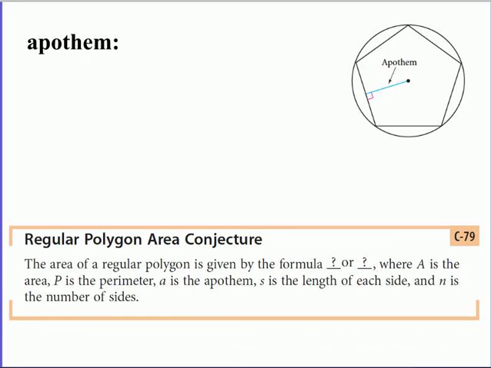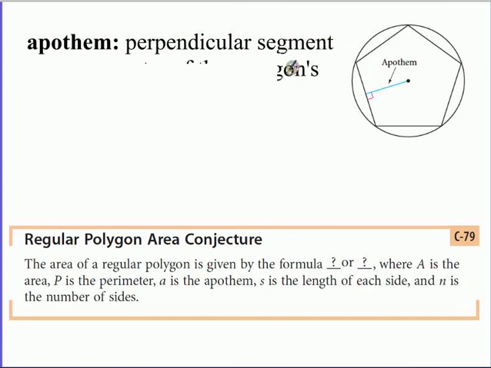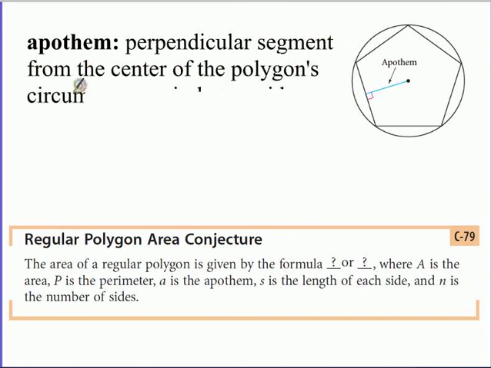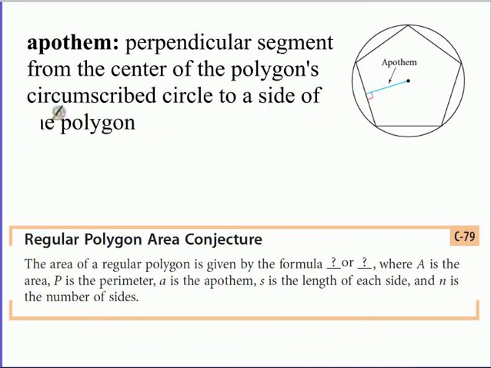But what did we call it in the previous investigation? A. That was the apothem, and you were doing that without even knowing. It's the perpendicular segment from the center of the polygon's circumscribed circle to a side of the polygon. That's the formal definition.